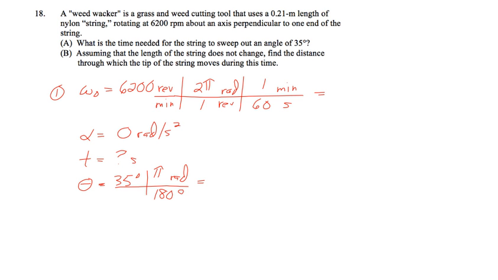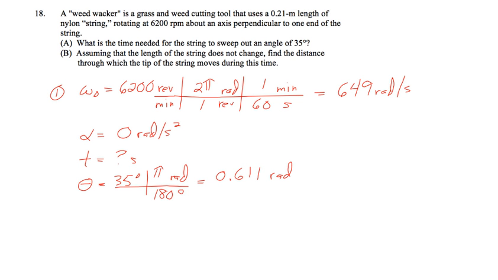Somewhere in the 600 range, right? 649 radians per second. And if you convert the degrees into radians, what's that going to be? 0.611 radians.